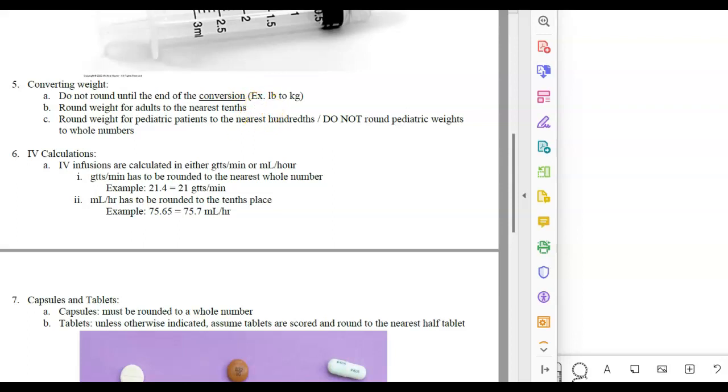On the other hand, C, round weight for pediatric patients to the nearest hundredth. And never ever round pediatric weights to whole numbers. That can be a devastating medication calculation mistake, because that can be lethal for a little baby.